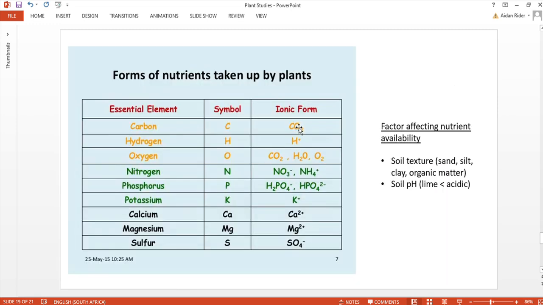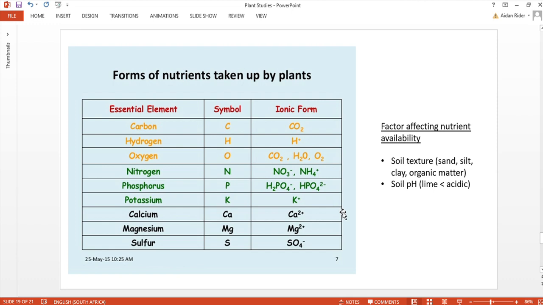Then there are different forms of the nutrients that are taken up by the plant. Inside the soil, there are things like carbon, hydrogen, oxygen, nitrogen, phosphorus, potassium, and so on. Here they just give you the symbol of each of these elements, like you have studied, and then the ionic form that the plant takes up from the soil.